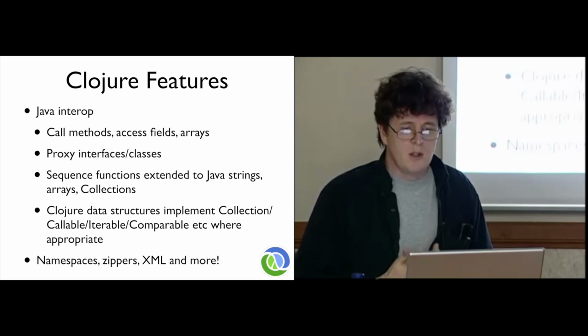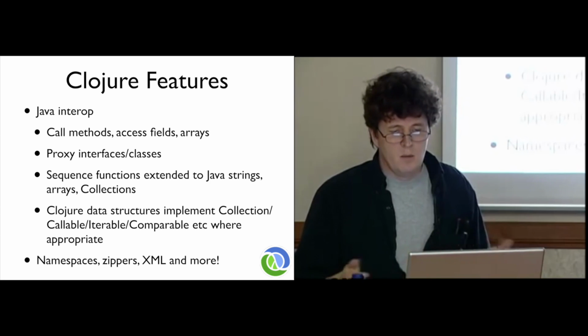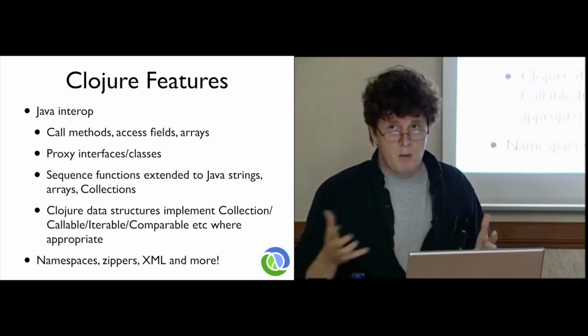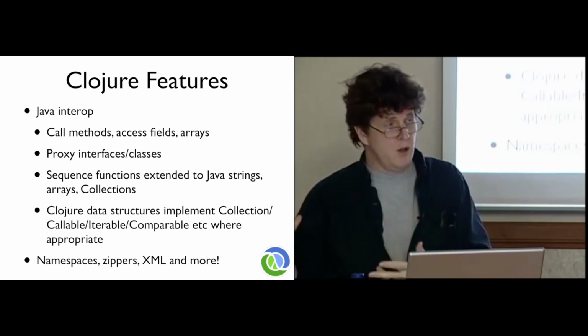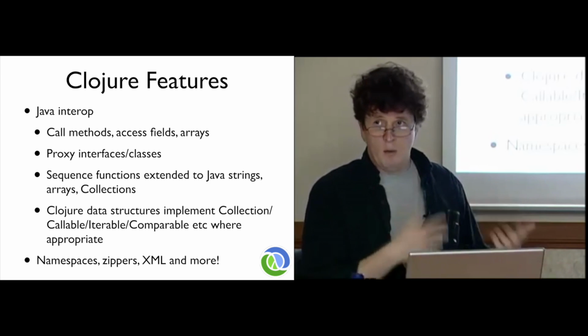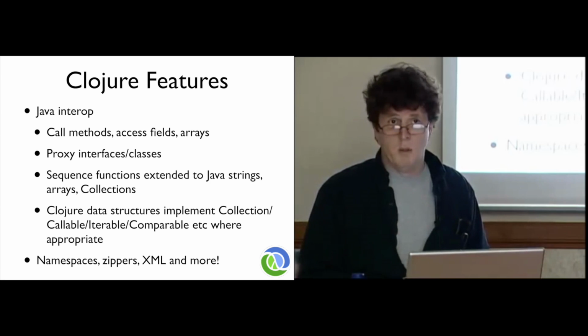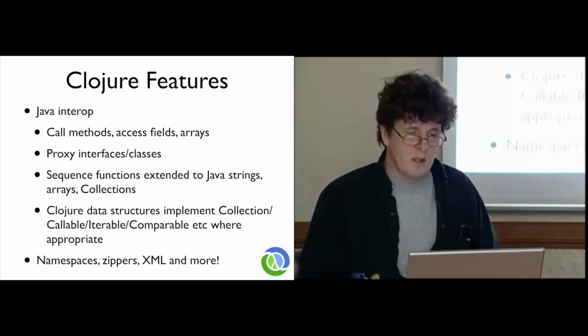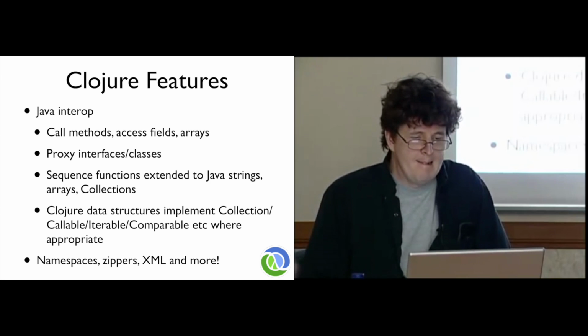All Clojure data structures are iterable. Things that can be are comparable, et cetera. So there's a great ability to create some data structure in Clojure and hand it off to Java and have Java be able to consume it without any conversion or transformation because of these interfaces being implemented.